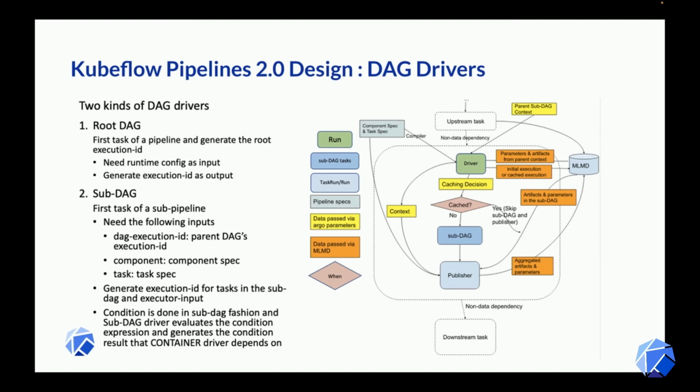It needs the following inputs. It needs the DAG execution ID, which it can get from the parent DAG's execution ID. And we will need to take the list of components and tasks you need to produce as part of this sub-pipeline.